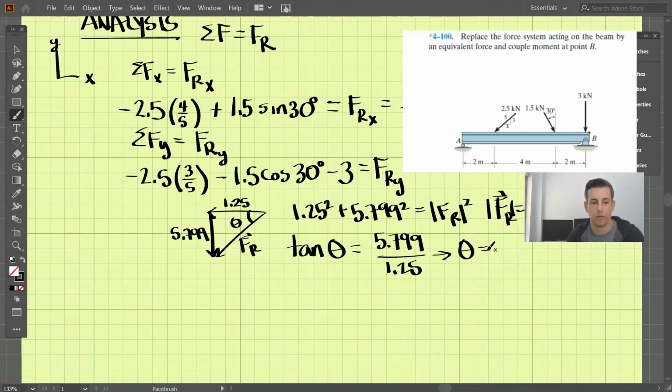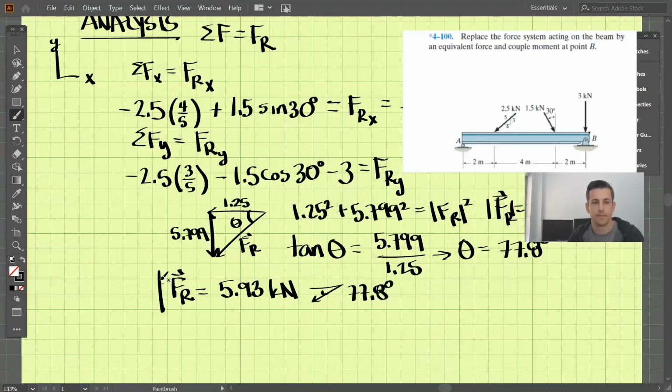Theta is equal to 77.8 degrees. So our resultant vector is equal to 5.93 kilonewtons at an angle downward of 77.8 degrees. So that's one part of the problem.